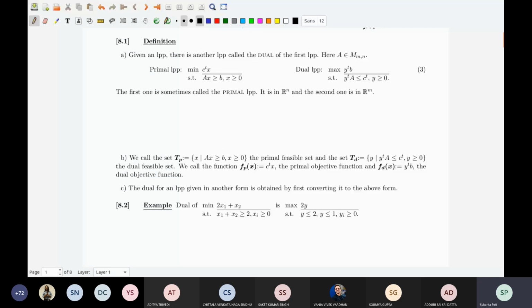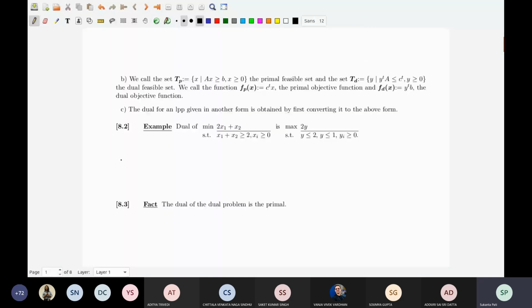So let me write that down. Suppose I have minimize c transpose x. So c transpose is like (2 1), x is (x1 x2), subject to Ax, A is just a single row, (1 1)(x1 x2) greater than equal to b. B is just one element because A is a single row, here 2.